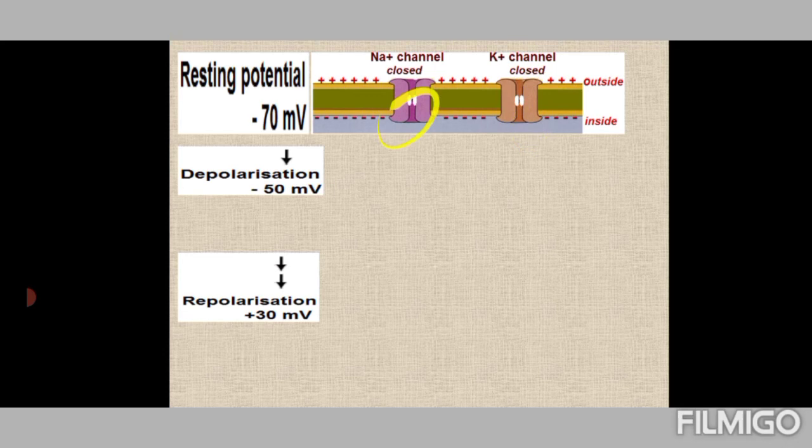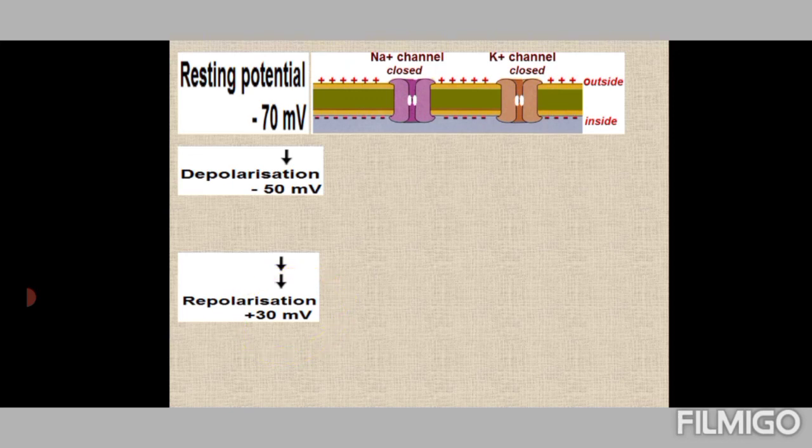That is, the sodium channel is closed and the potassium channel is closed, at a voltage of minus 70 millivolts. Well, let us see what happens at around minus 45 to minus 50, as well as around plus 30 millivolts.